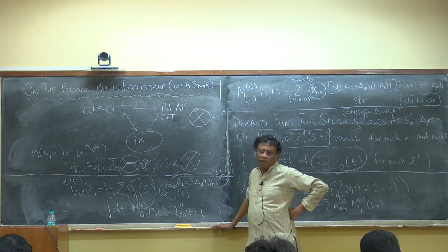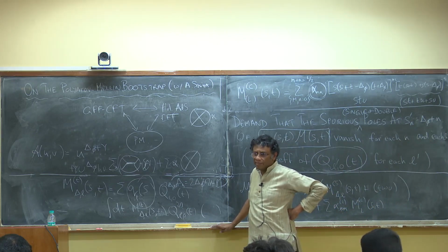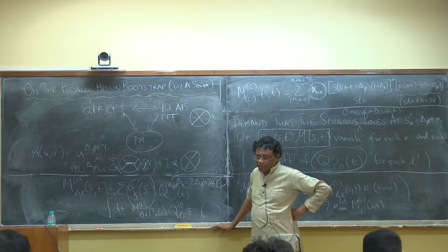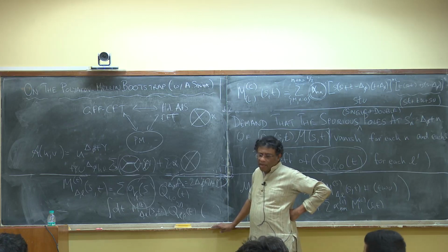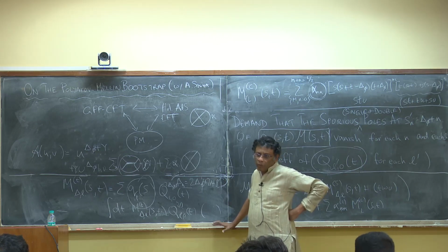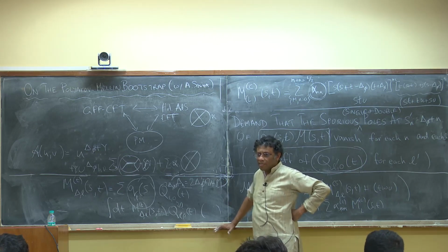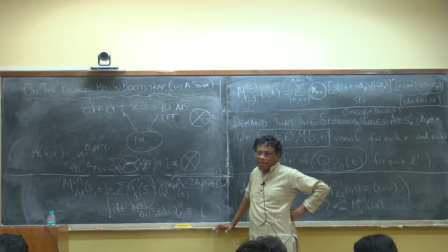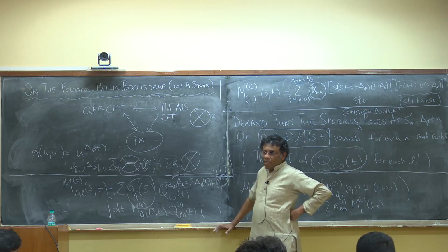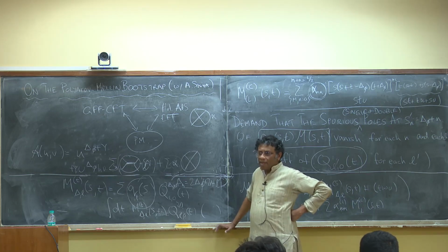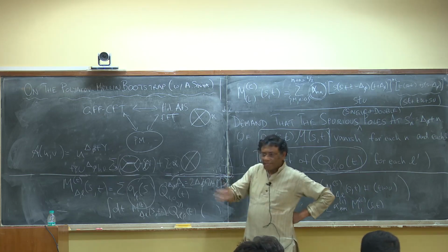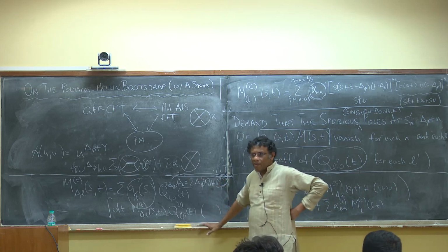Phi squared and phi have nothing to do with each other in the Ising model, because you're not at large n. Even in 4 minus epsilon, the phi squared operator in Wilson-Fisher has nothing to do with phi. It is corrected by epsilon, everything is corrected by epsilon.